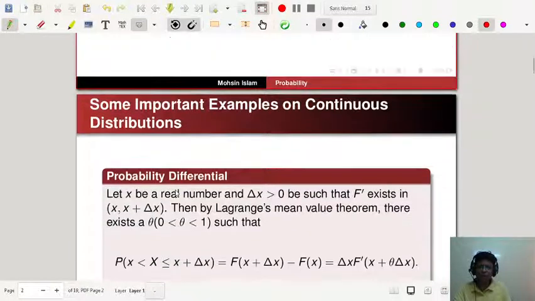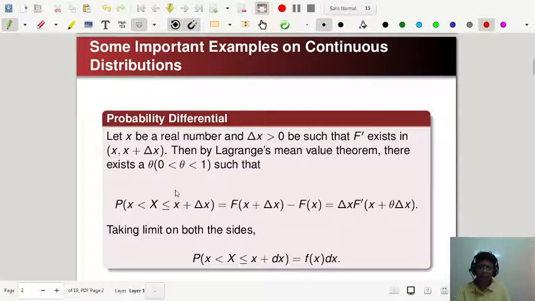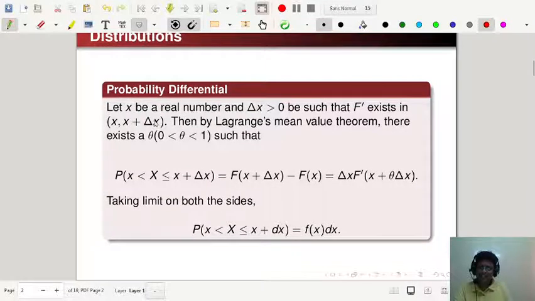Before we start the solution of the problem, we have to know what the probability differential is. Let x be a real number and delta x greater than 0, such that the derivative f dashed exists in the interval x, x plus delta x.